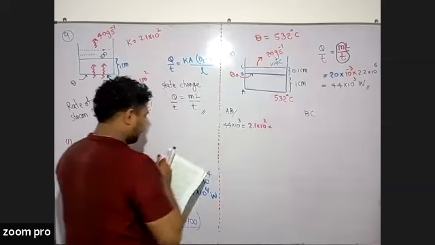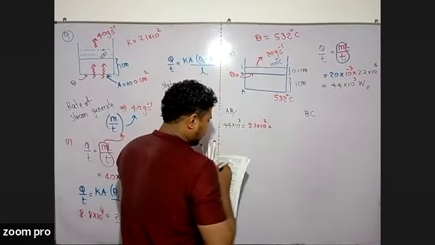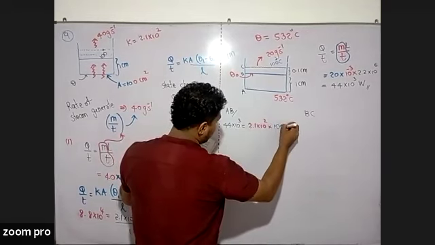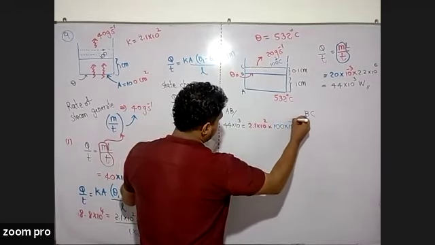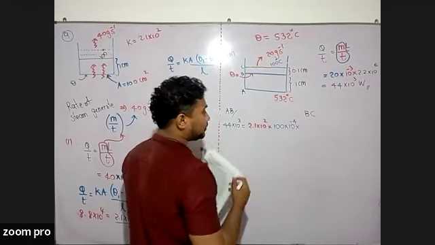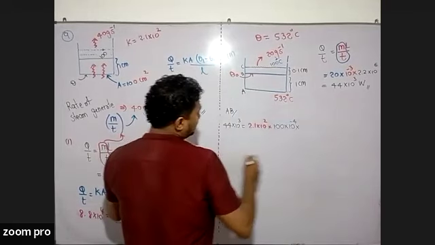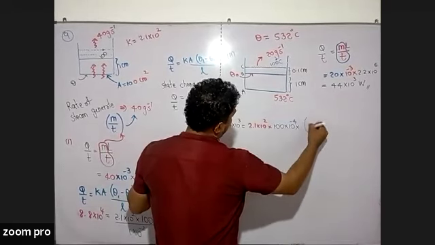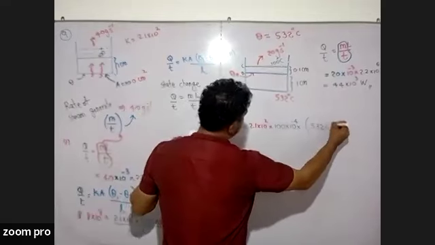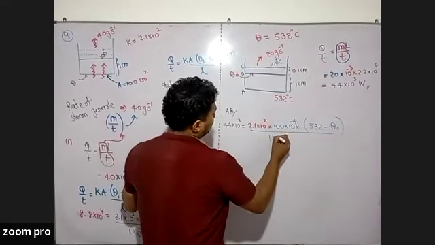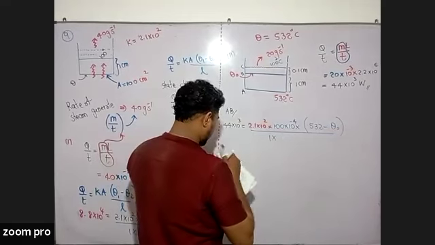A is 100 square centimeters. In order to convert this to square meters, we have to multiply by 10 to the power minus 4. Then the temperature difference should be 500, theta 2 minus theta naught, over 1 into 10 to the power minus 2.